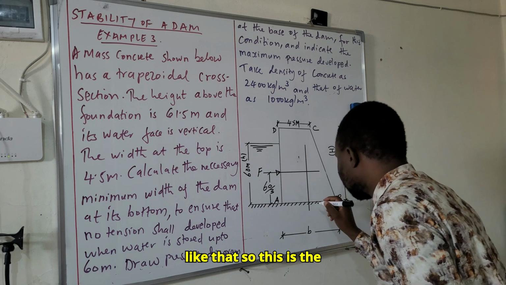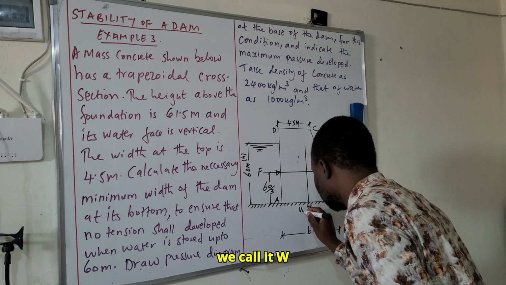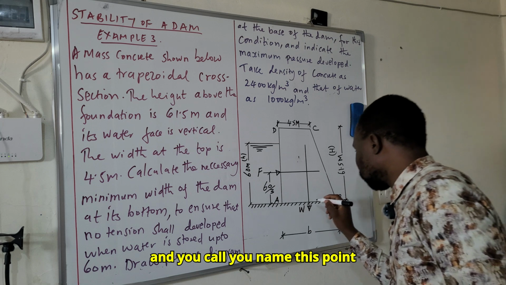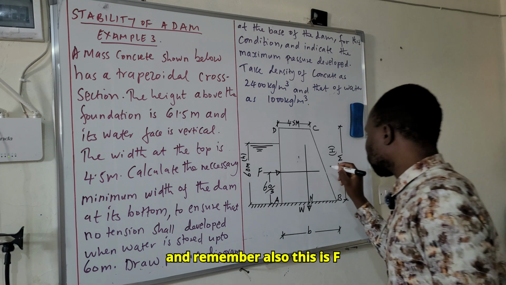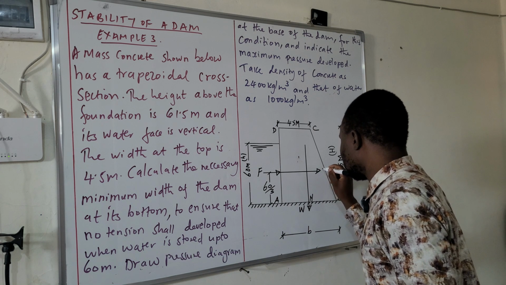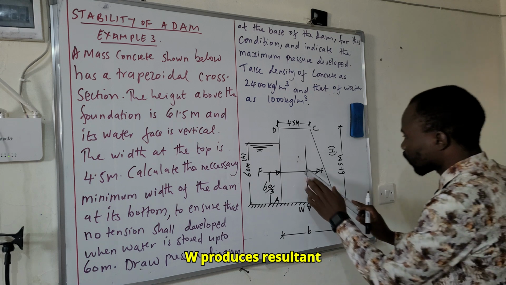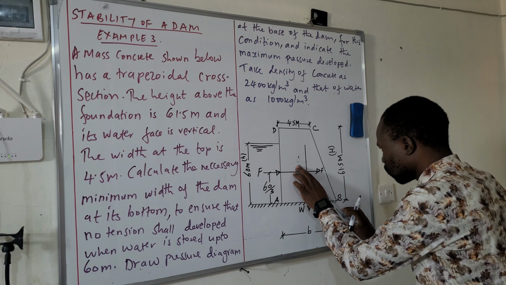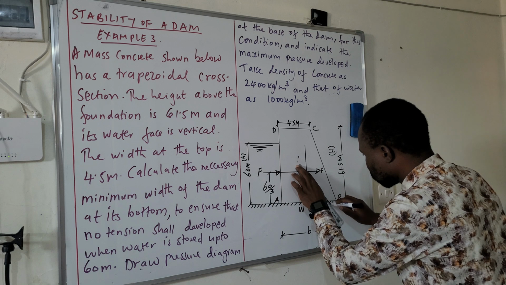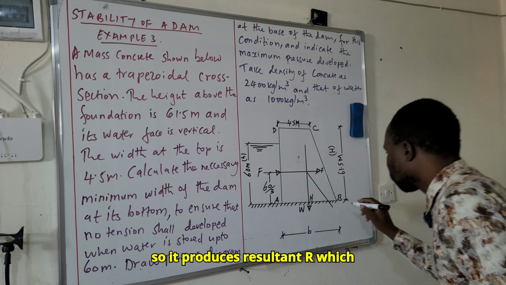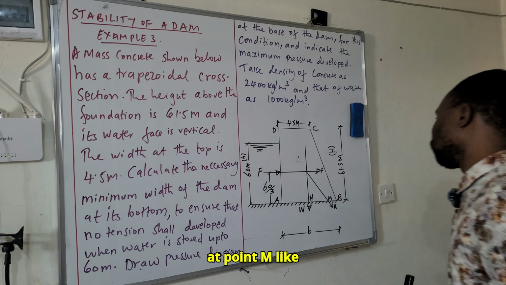We call it W, and we name this point N. And remember, this is F. This F and W produce a resultant R, which cuts the base at point M.